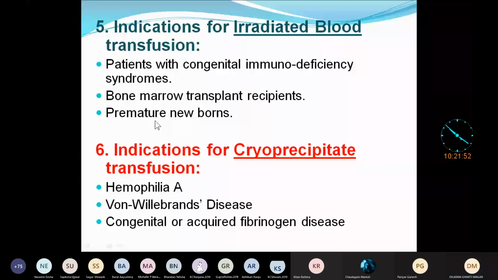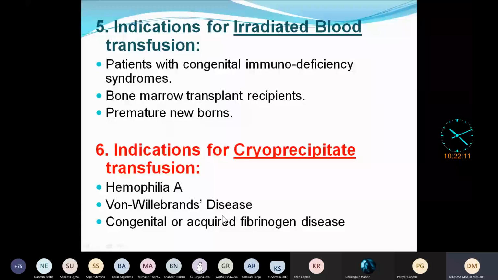Understood here? So now we'll see the indications for the cryoprecipitate transfusion. Cryoprecipitate, I told you yesterday how it is made. So we can give in case of the hemophilia A, in case of the von Willebrand disease, and in case of the congenital or the acquired fibrinogen disease.